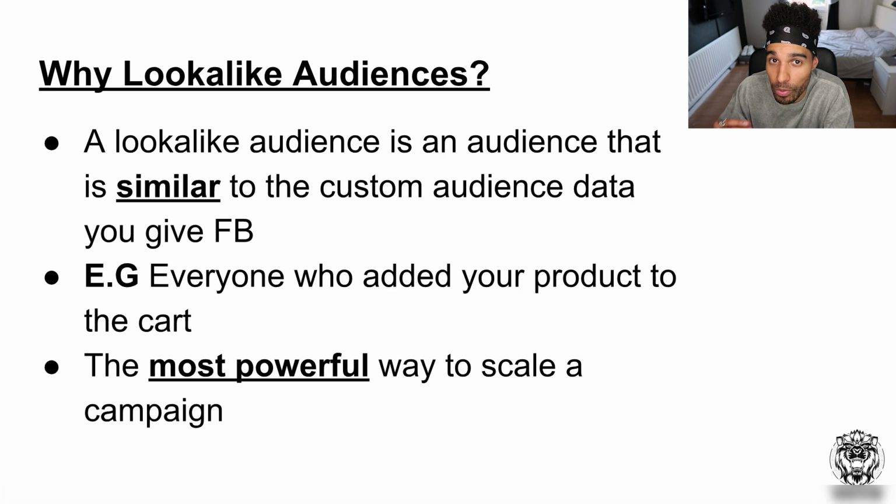Those people are showing buying intent, which means they're much more down the funnel than the person who clicked on the product and just went away. So you can say to Facebook, I want more people who are going to add the product to the cart, who are more hot leads, more warm leads than just the cold interests. So that's just one example.